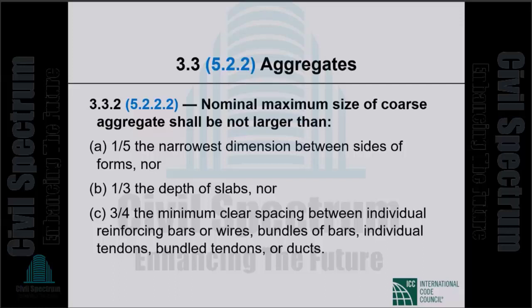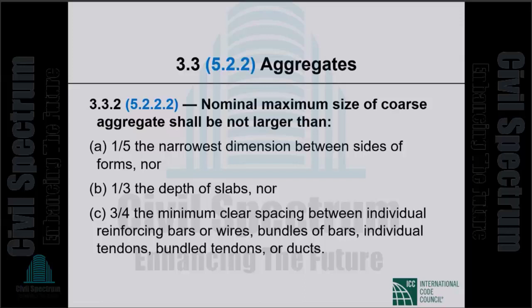Okay. So the whole purpose of this is that concrete can be placed, that there will not be voids in the completed structural member. This is extremely important.